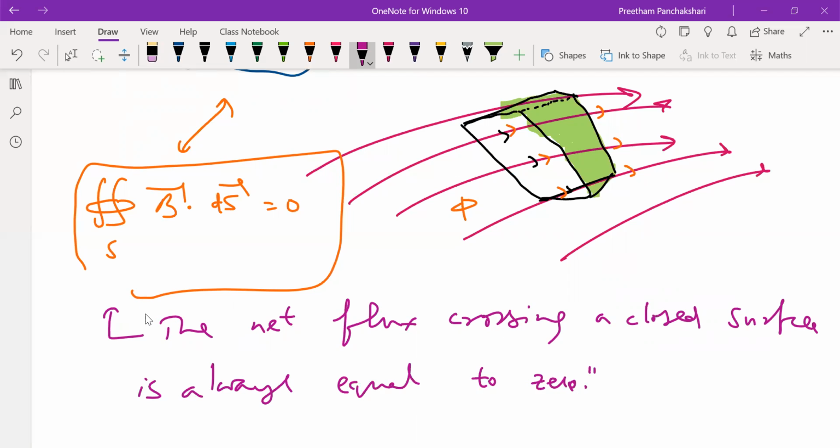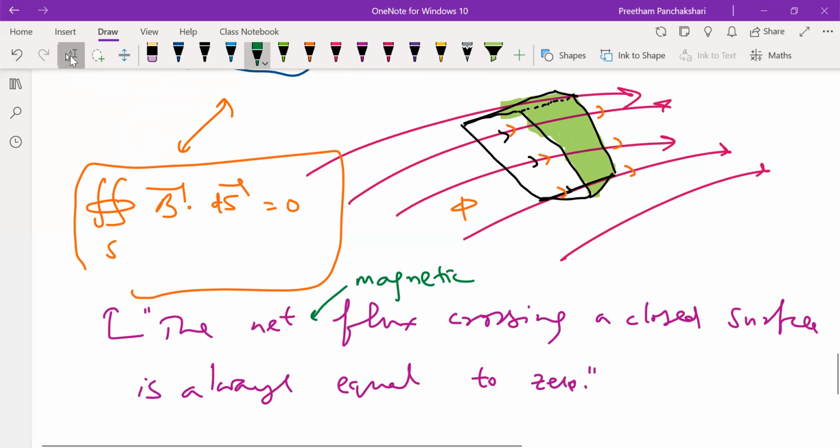Don't forget the adjective: net magnetic flux. This is applicable only for magnetic flux, not for electric flux. The net magnetic flux crossing a closed surface is always equal to 0.